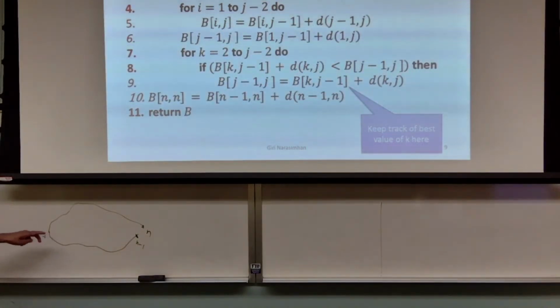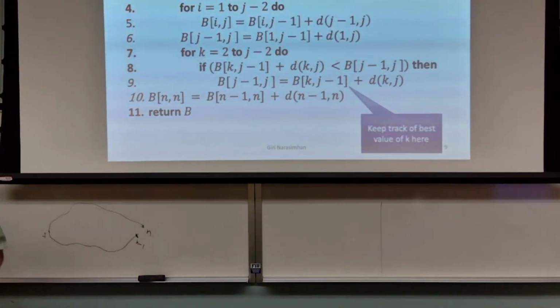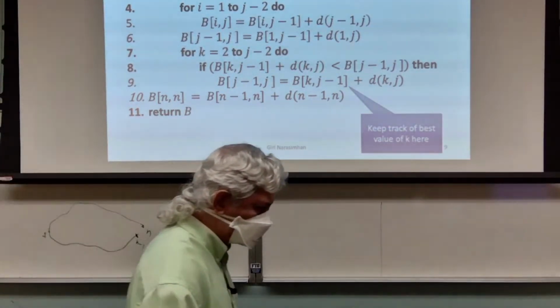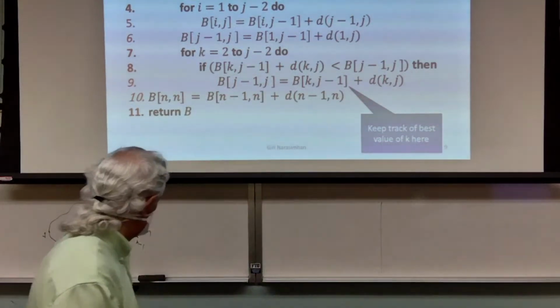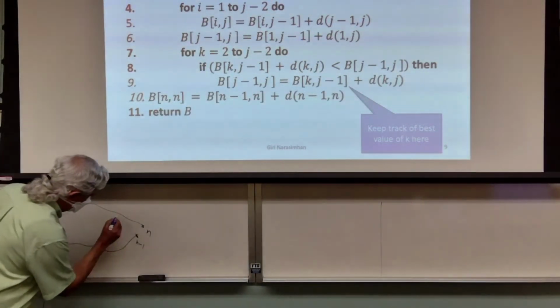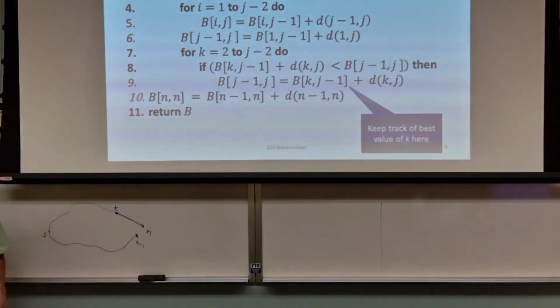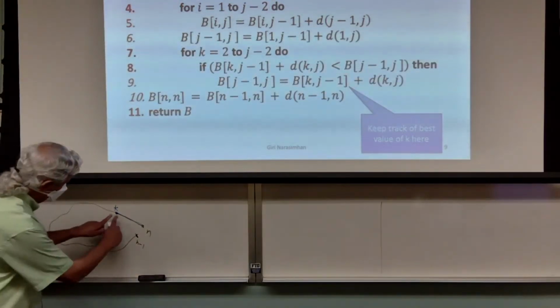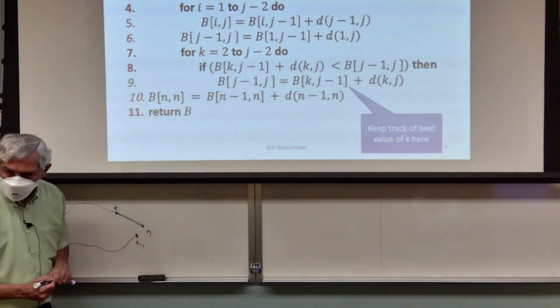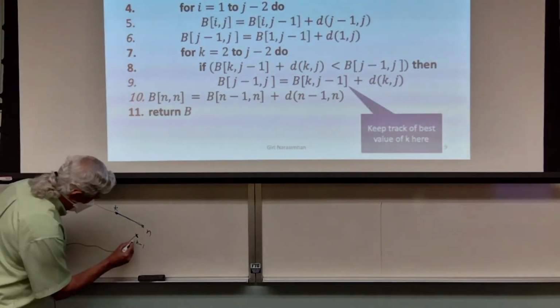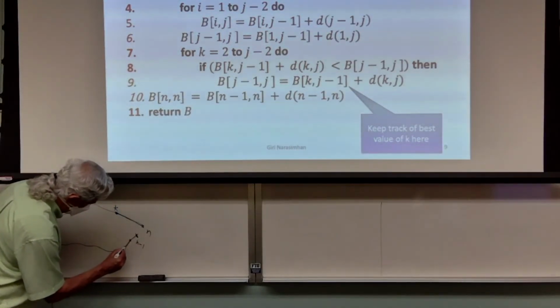So we look at bn minus 1n and figure out what value of k was applied in order to get this optimal solution. That'll tell us that you connected n with this k. This was the last edge. If that was the last edge, then everything between k and n minus 1 should be on this path, so you figure out all the points over here.